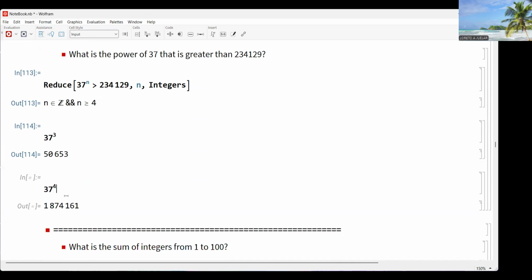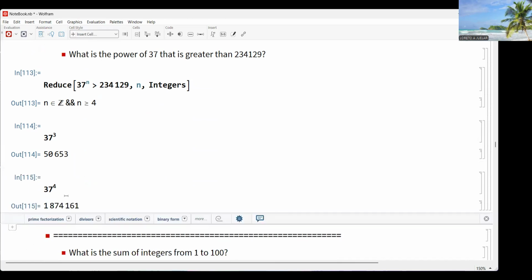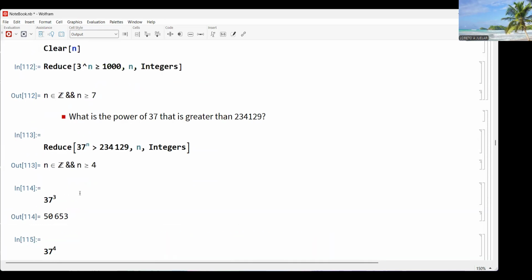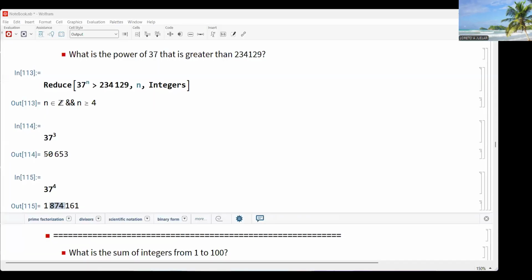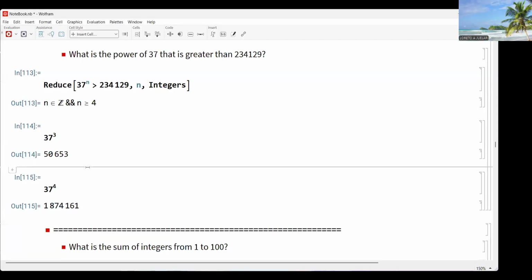But if n is equal to 4, it becomes 1,874,161. So if n equal to 4, like this one, it is greater than 234,129.